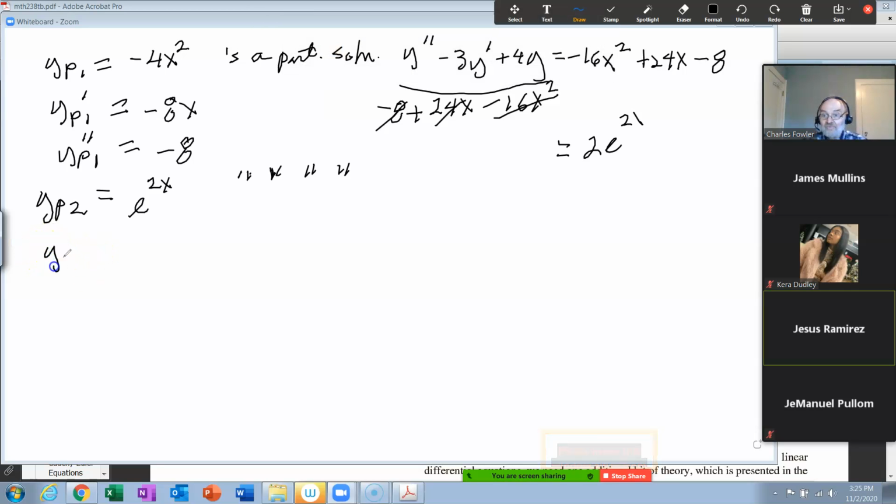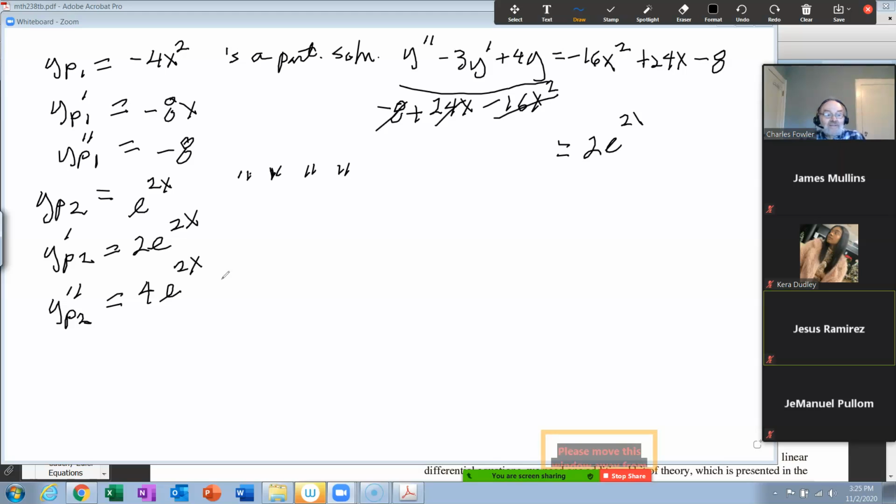You need y sub p sub 2 prime equal 2e to the 2x. Let's do y sub p sub 2 double prime, and that would be 4e to the 2x.